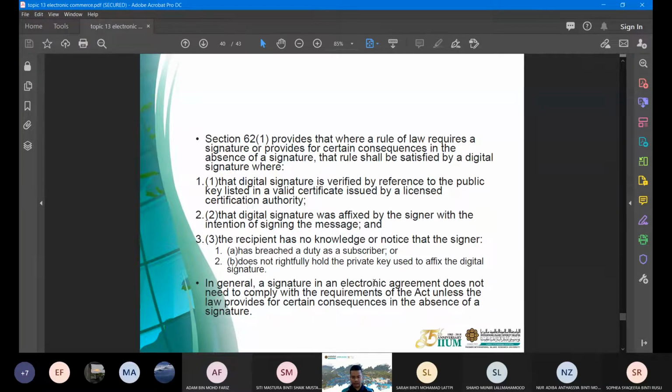So example, maybe we're talking about banking system where a higher level of security is required. So the manager, only the manager can accept the particular agreement or whatnot. So maknanya the requirement of all this security requirement under digital signature must be fulfilled.